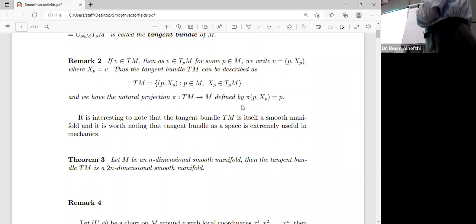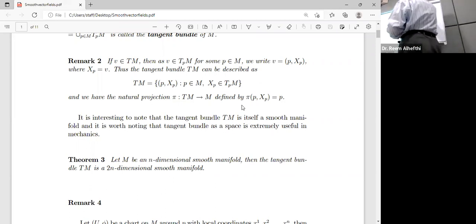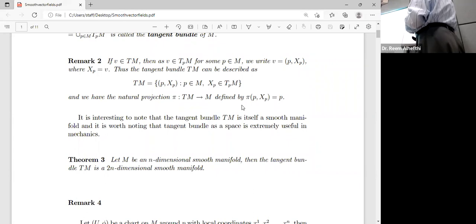Then on the inverse image of U, you define a map capital Phi from the inverse image of U to R2n.